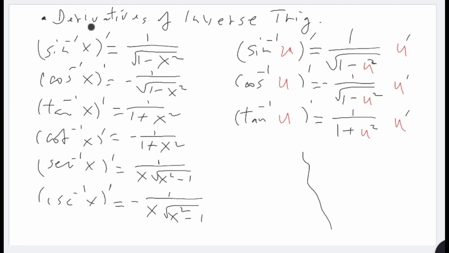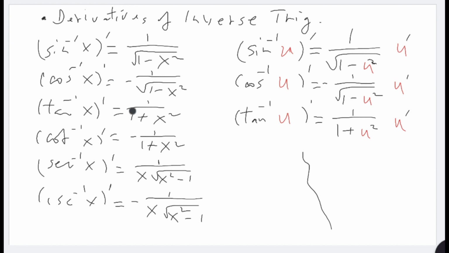On the left column, we have what I call a basic differentiation formula, meaning in each inverse trig, inside it's simply x, like inverse sine of x. That's a derivative of that guy.